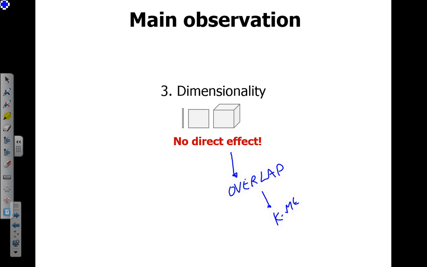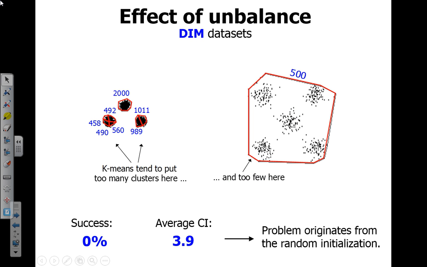So in that sense, there is still a dependency. No direct effect, but actually quite a strong indirect effect. The root cause is the overlap, or actually the lack of overlap.